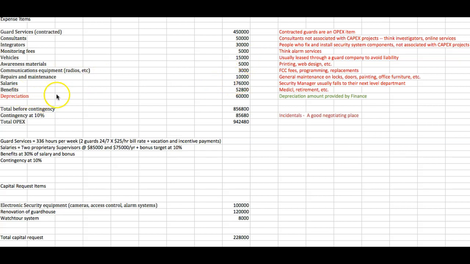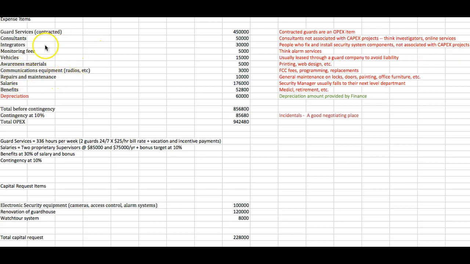And then you get to the depreciation line. So we'll come back to that line when we do the CapEx down here. But basically what the depreciation line is, in the last couple of years, you have bought some things. Communications equipment, the radios, the card reader system, right?